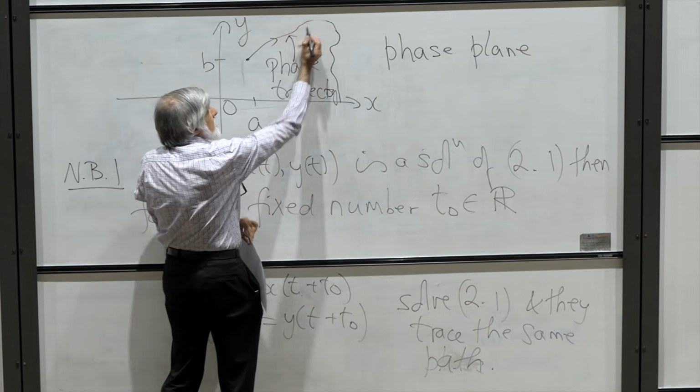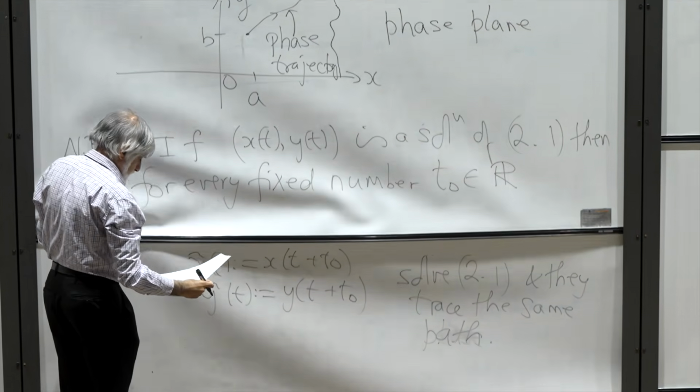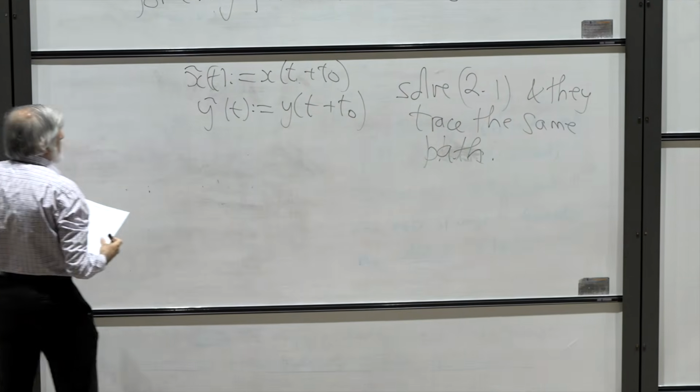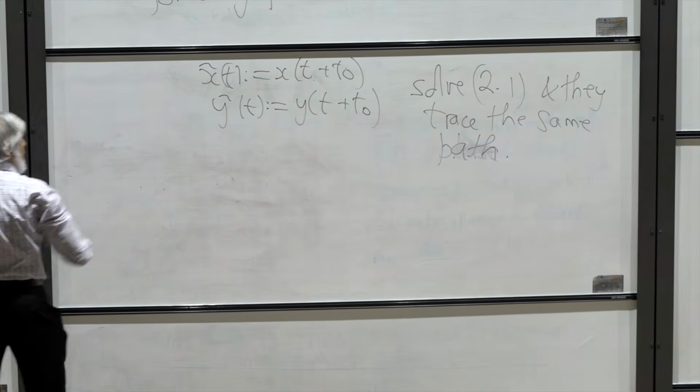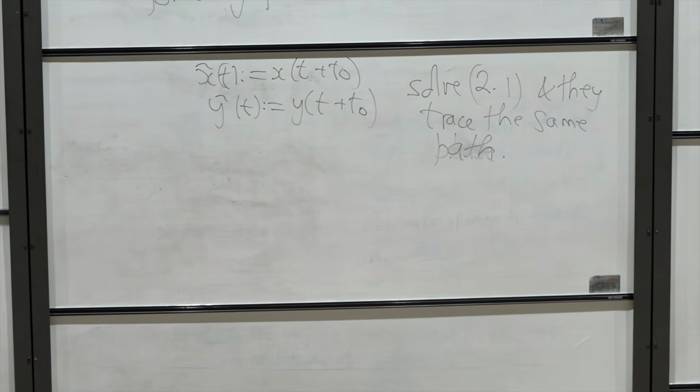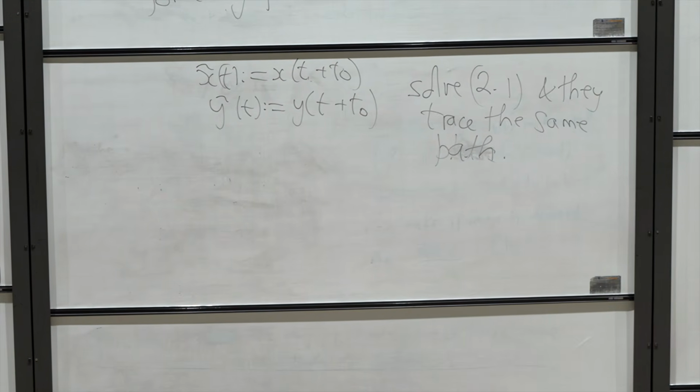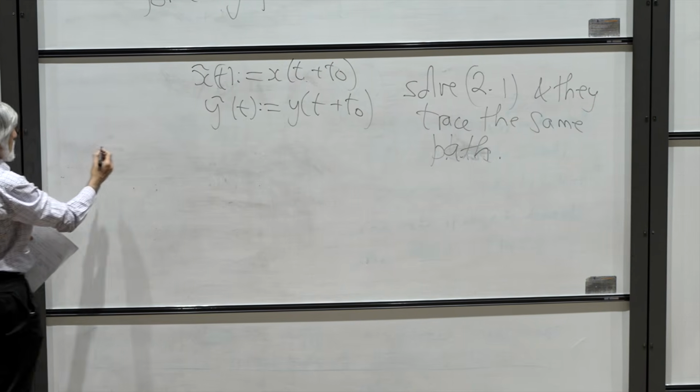And why is that the case? Okay, so what we're saying is that x hat and y hat satisfy 2.1. So how do we get that?